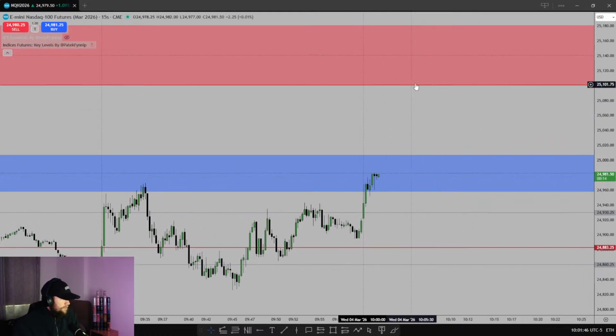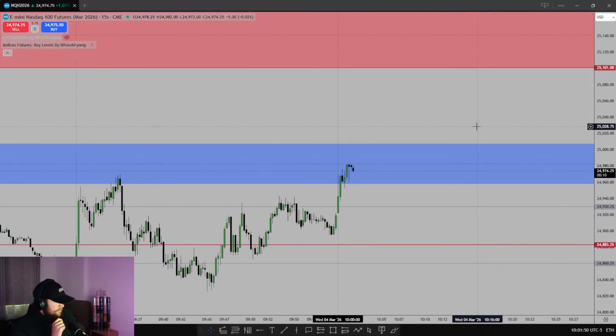So I do like the buy side up here with the CB. Let's see how price is going to navigate through this inversion fair value gap midpoint.